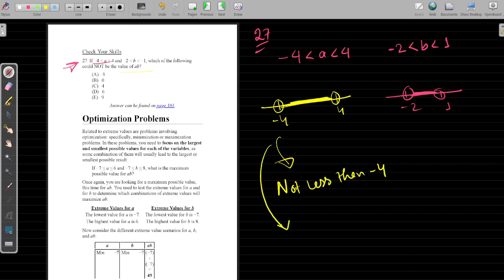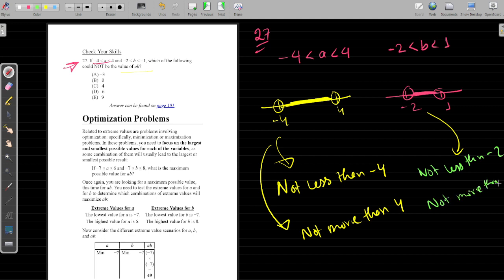This is the lowest value, and the highest value is not more than 4, right? Similarly for this one, the lowest value is not less than -2 and not more than 1. So this is the lowest value, this is the highest value.